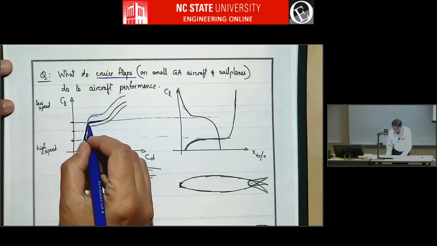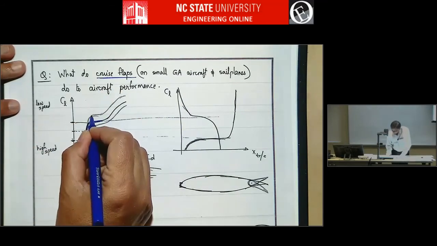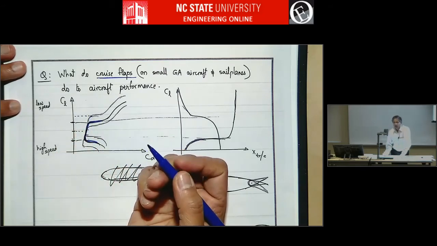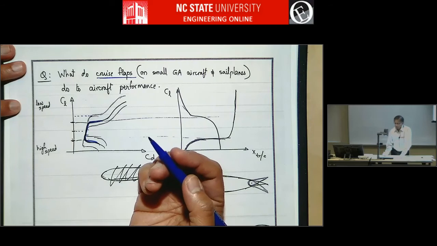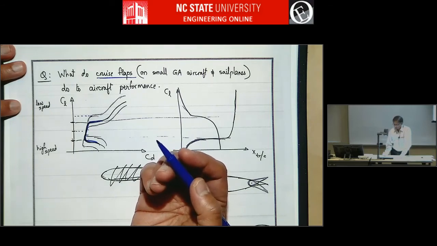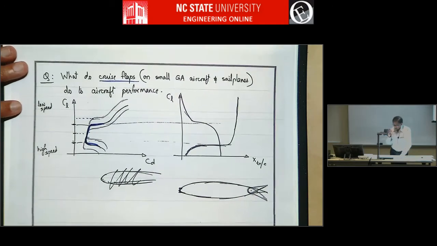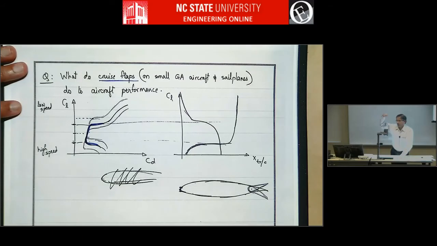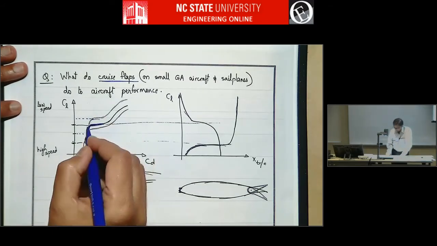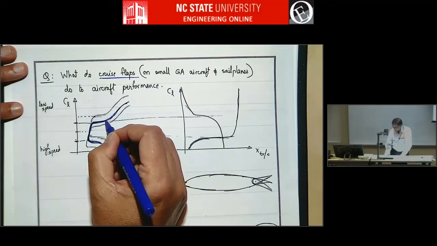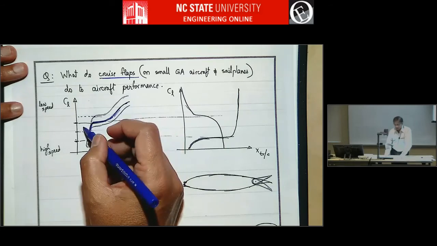But if your sailplane or aircraft wants to fly here due to some thermal condition, if you want to be in a climb, or if you want to fly at slow speed for long endurance, or if you're a sailplane inside a thermal gaining lift due to upward going air, you fly at slow speeds then. But if you use the basic airfoil, you will lose all the drag benefit, right? You're flying outside the drag bucket.